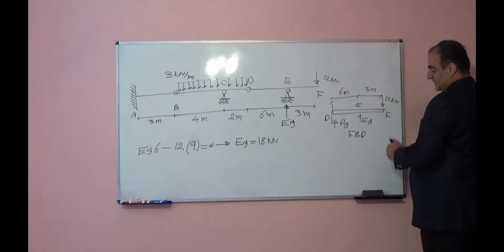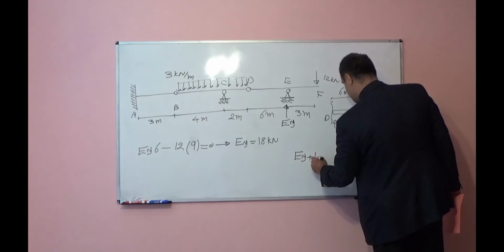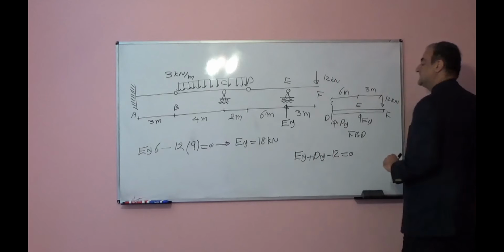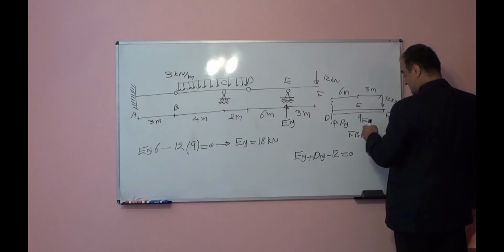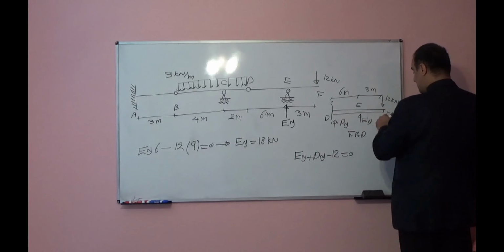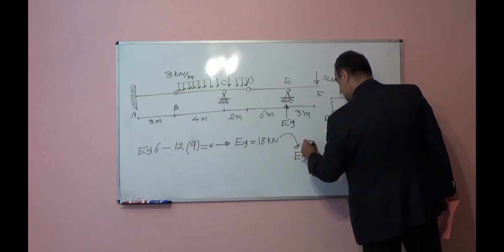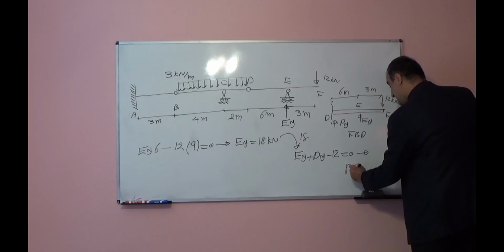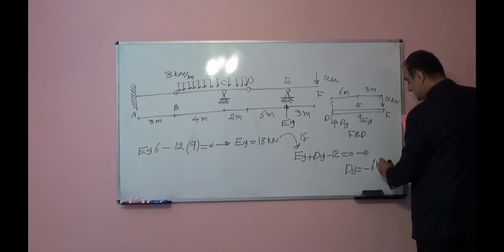Now in this free body diagram, if I write EY plus DY minus 12 is equal to 0, summation of forces in vertical direction is equal to 0. Because EY is 18, if I plug here, DY will be negative 6 kilonewton.